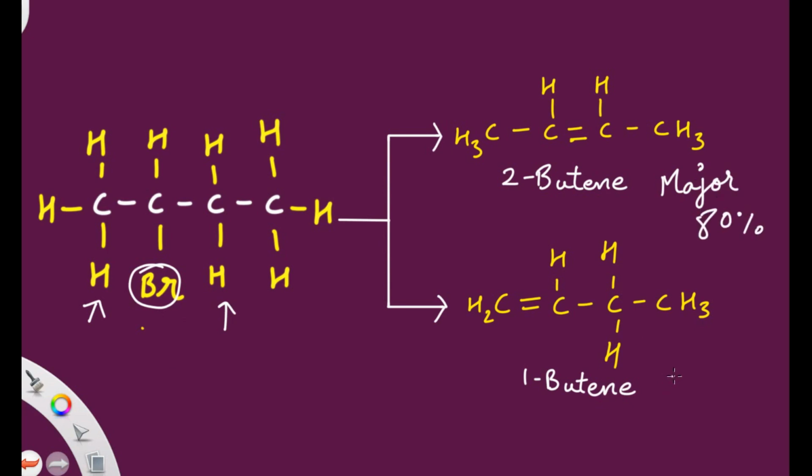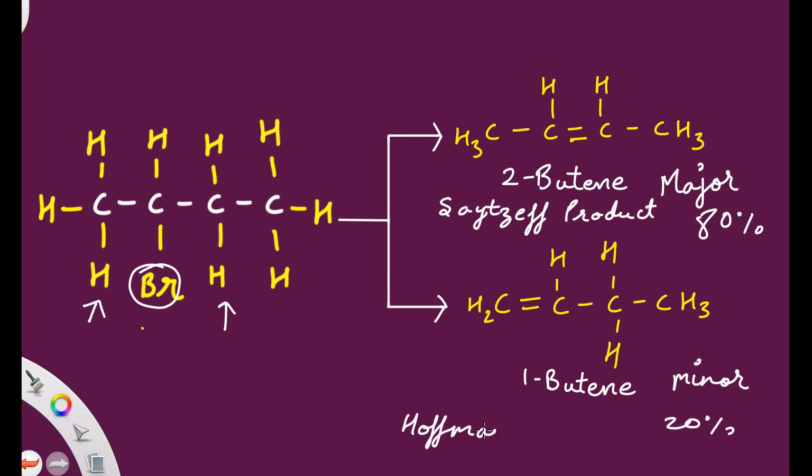This one is minor, only 20% yield. This is known as the Saytzeff product. And this one is known as the Hofmann product.